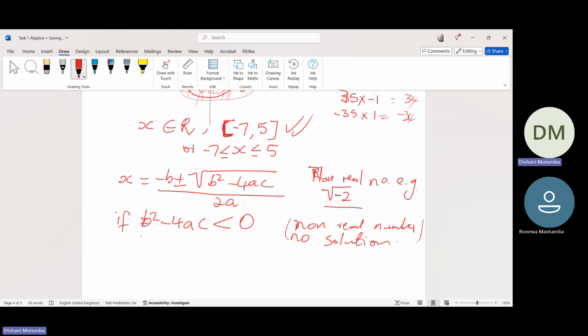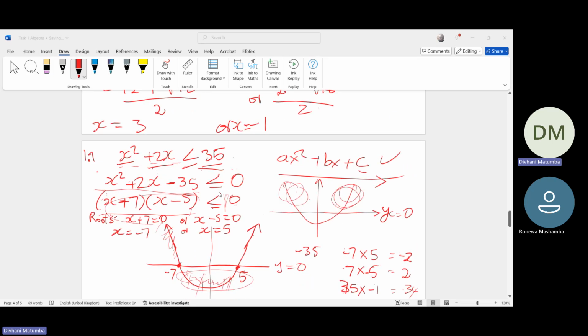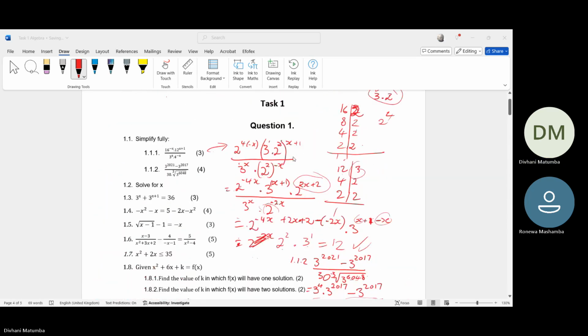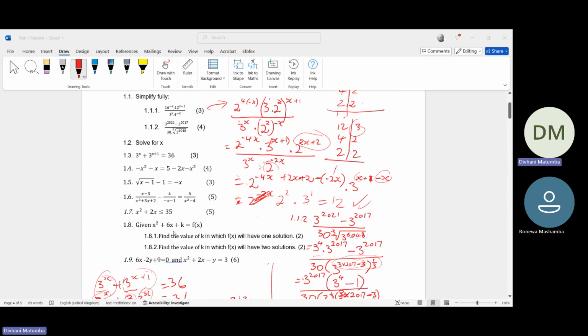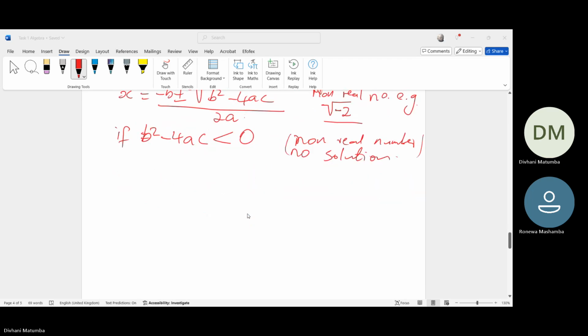Okay. Now, the value of b is what on our equation? What is the value of b? Let me go back to the equation. The value of b is what? Positive 6. Positive 6 squared minus 4 times the value of a is what?